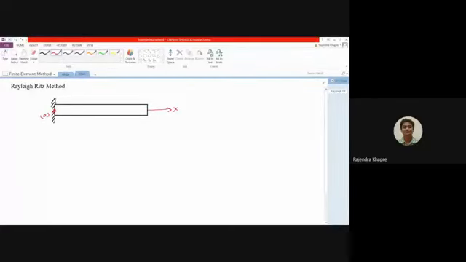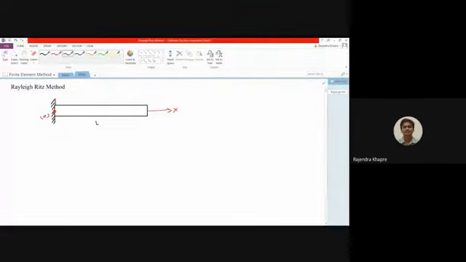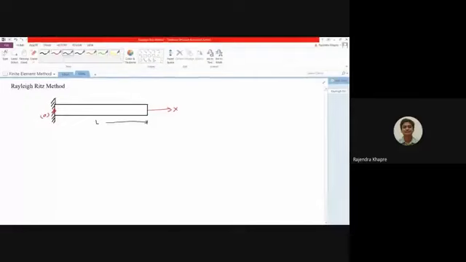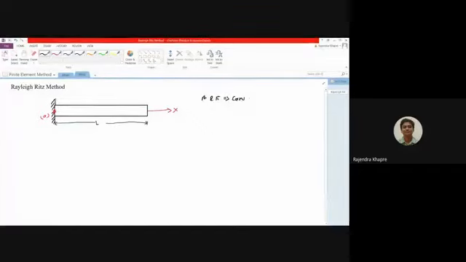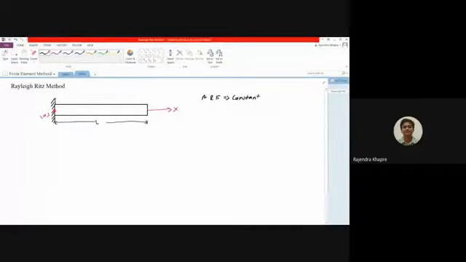Let us consider the length of this bar as L meters. We are assuming the area and E as constant.